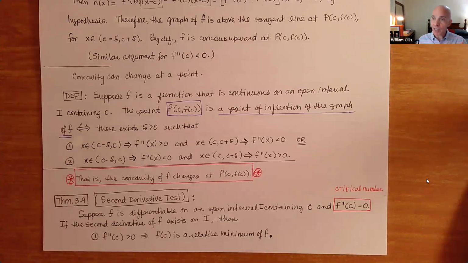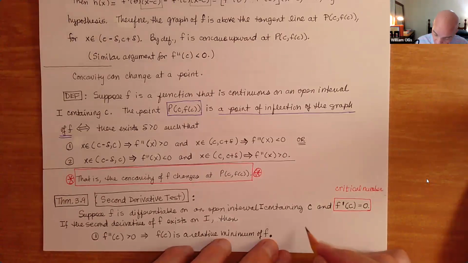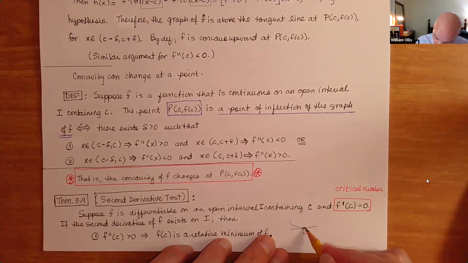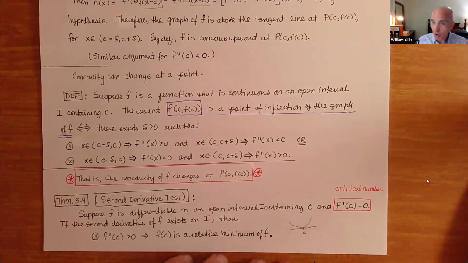So if you think back to that picture, you have exactly what we were thinking about before. So we have the tangent line, we have the x-coordinate c, and we have the graph moving away in a concave upward fashion, which defines the relative minimum.